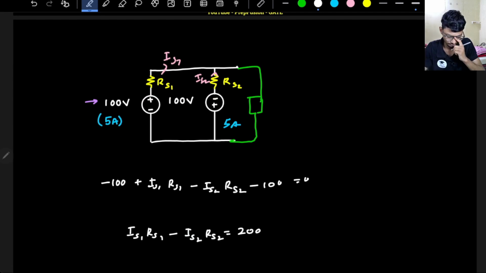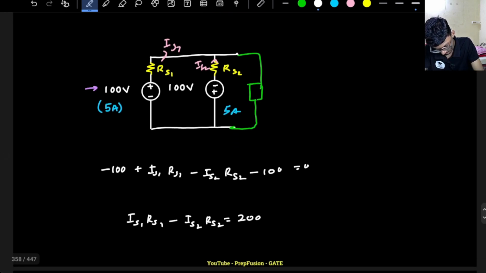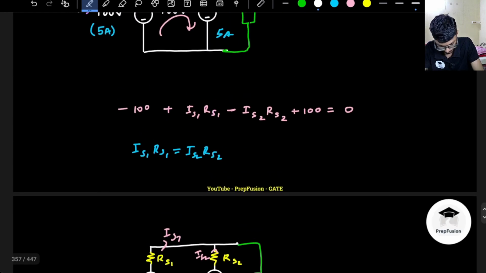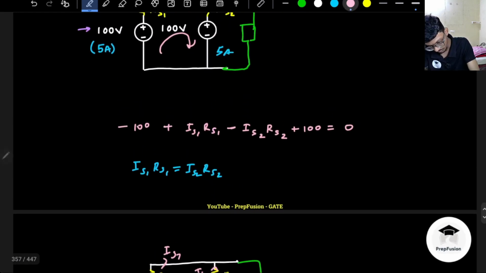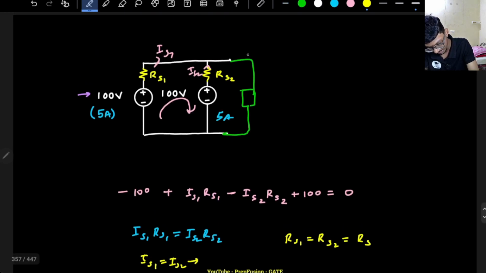What does it actually mean? This basically means that this drop, like here, for a second, if I assume that RS1 equals RS2 equals RS, then here my IS1 will be equal to IS2, that is fine. It will be equal to 5 amperes, because 10 amperes needs to go.